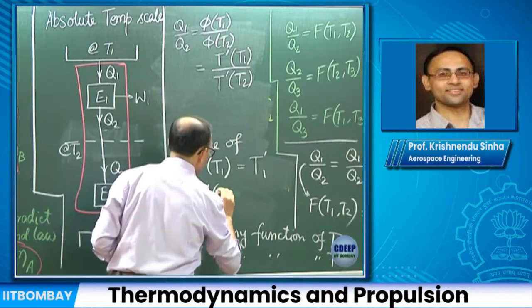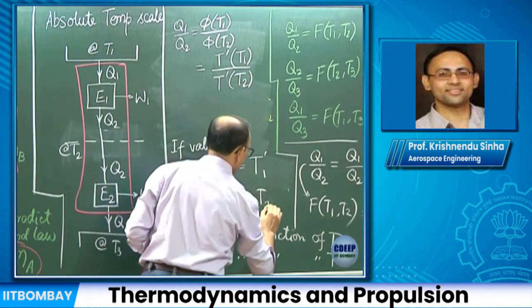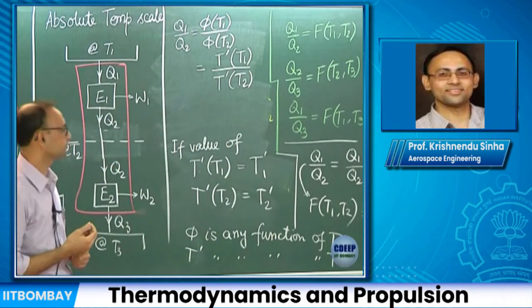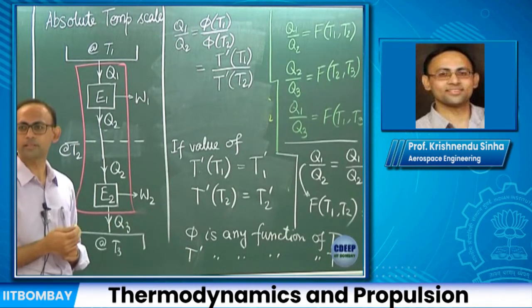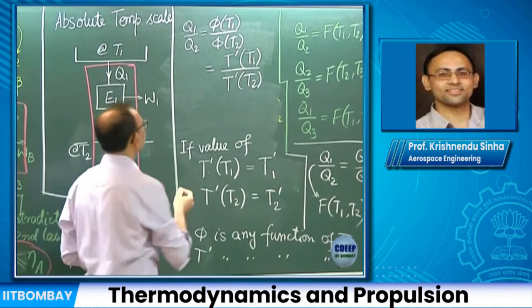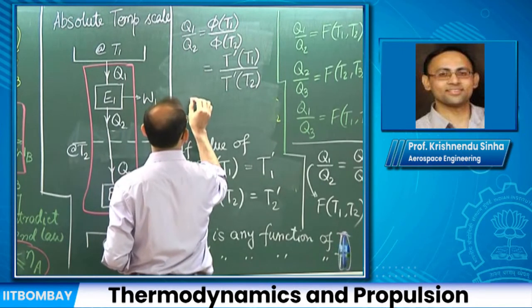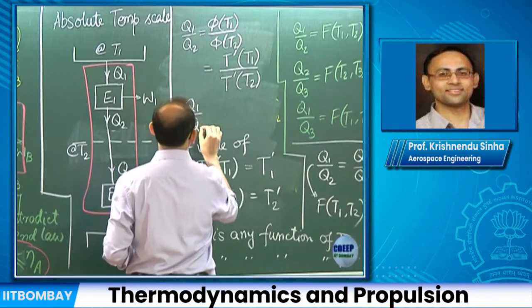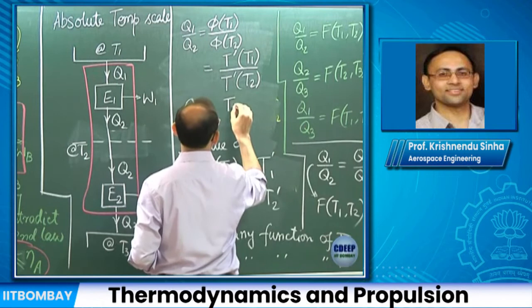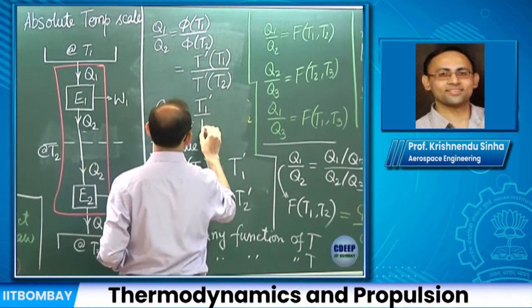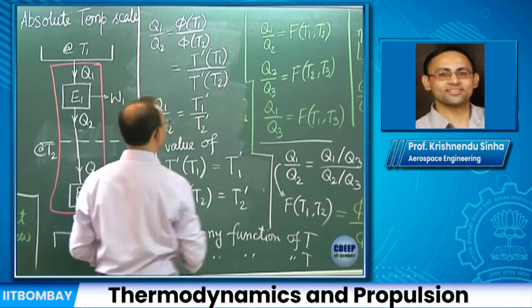T prime at T2, I call it T2 prime. Nothing wrong in that? If I do that, I'm writing this Q1 by Q2 as the ratio T1 prime by T2 prime.